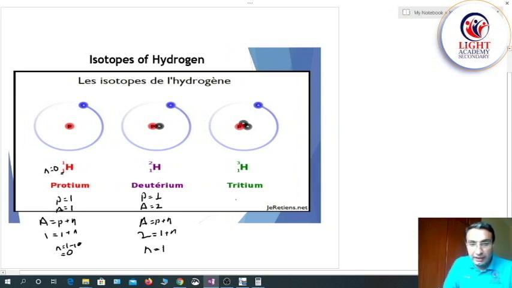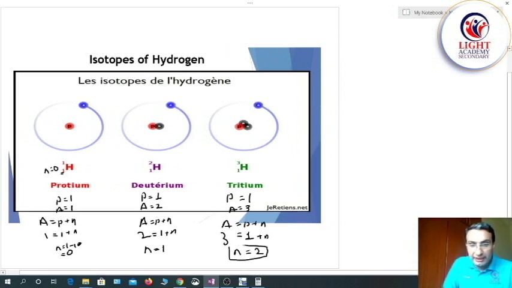For tritium, P is also 1 and A is 3. According to the formula P plus N, 3 is equal to 1 plus N, so N is 2.